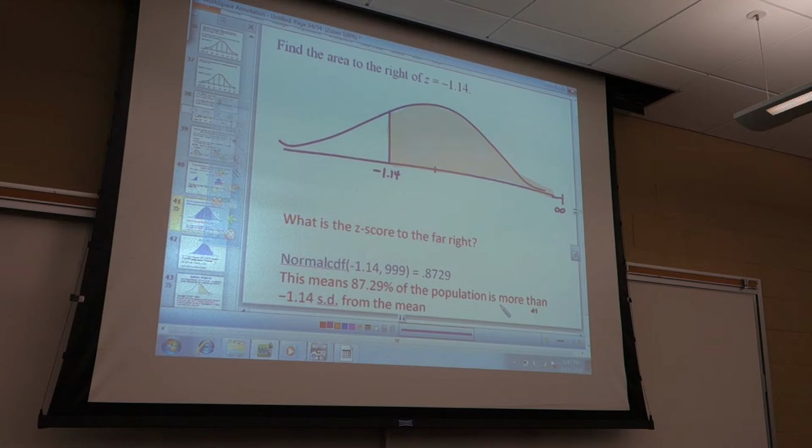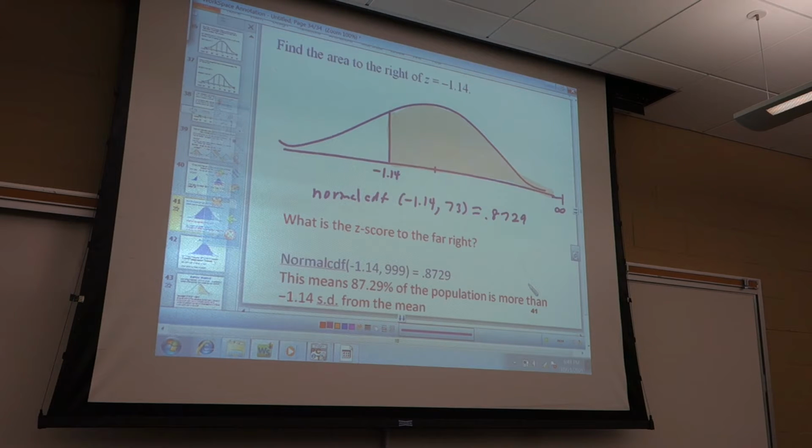Great. So I'm going to do normal CDF of negative 1.14, comma, well, I don't have infinity on my calculator, so I'm just going to pick a large number, like 73. Perfect. And you will get 0.8729. What does that mean?